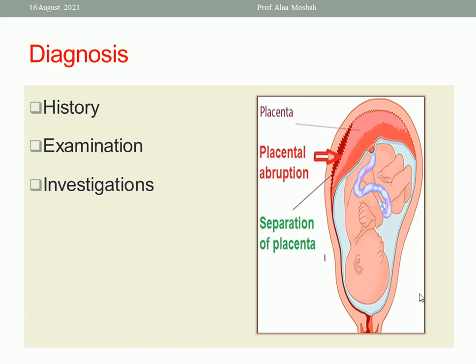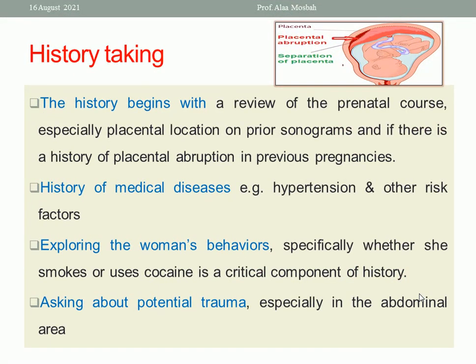Diagnosis is from history, examination, and investigations. You should take a full history from the patient. Ask her about the prenatal course, especially the placental location on the previous sonograph. If there is a history of placental abruption in previous pregnancies, you should ask her about this also.